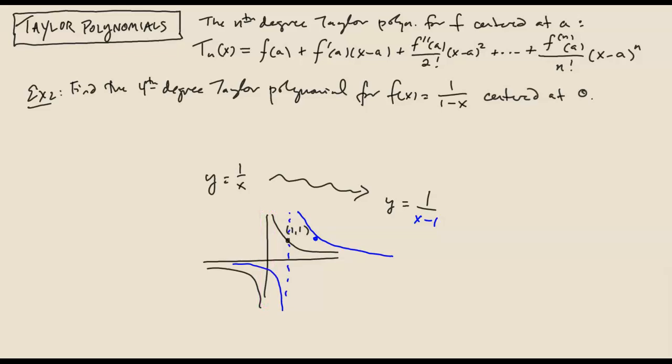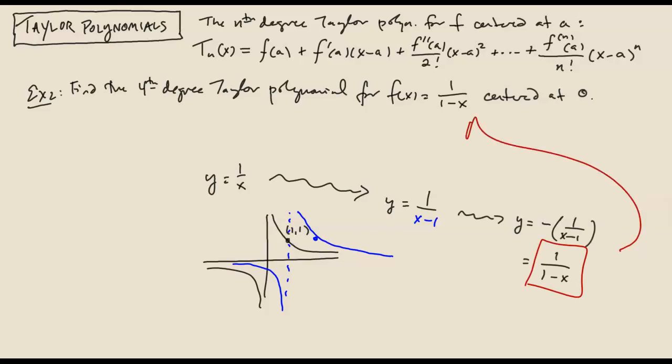Okay, but I hear you cry, hey, wait a second, this is 1 minus x, not x minus 1. You made a mistake. Well, I only did that so that I could get to this thing. How do I get from this to this? Well, of course, I just multiply by minus 1. If I multiply the whole thing by minus 1, it turns into 1 over 1 minus x, which is the thing I'm actually trying to match.